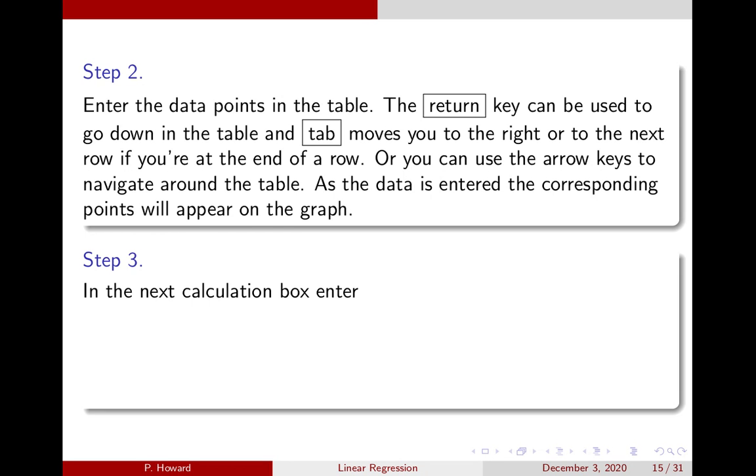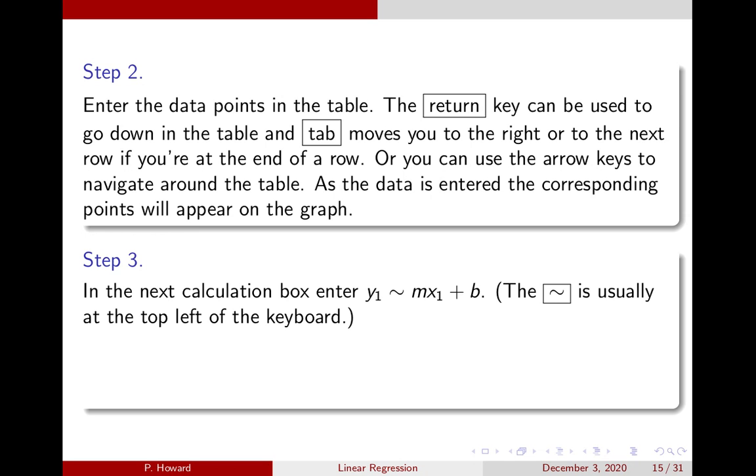Okay, step 3. In the next calculation box, below the calculation box that contains the table, enter the following thing: y sub 1 tilde m x sub 1 plus b. So there are a couple of things I want to say about this. The first is that the tilde symbol you can usually find at the top left of your keyboard.